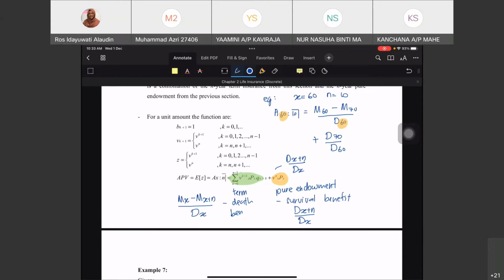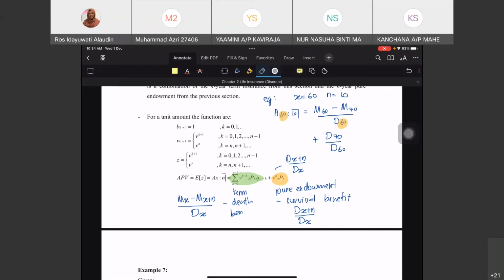Dx is about the survivors, but it's not just the number of survivors, because we already multiply by the discount function and then sum from 0 to omega minus x. Is it simple? So don't worry about the discrete case, but you have to know how to differentiate whether it is the discrete case or the continuous case.